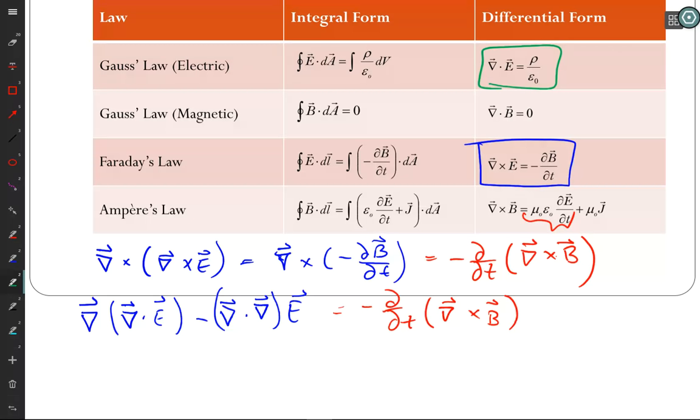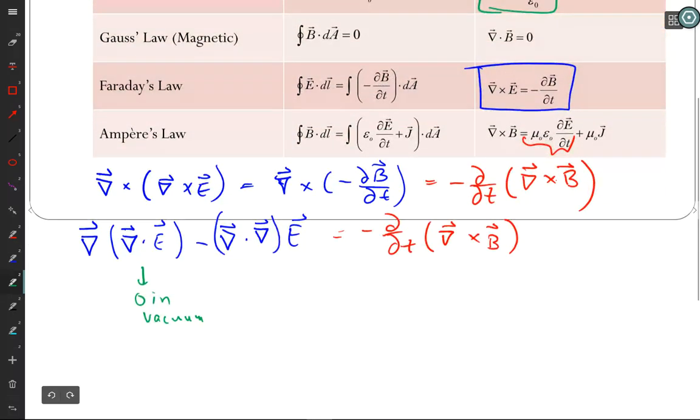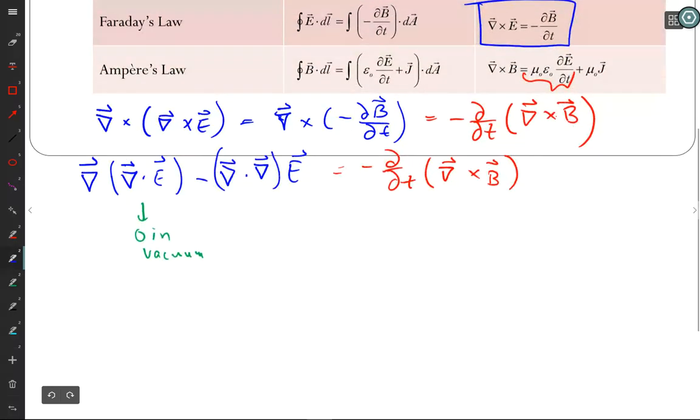And so in a vacuum, that's 0, and we're left with minus del dot del, which is written as just del squared. It's a scalar when you do a dot product. So del squared E. That is a spatial second derivative.